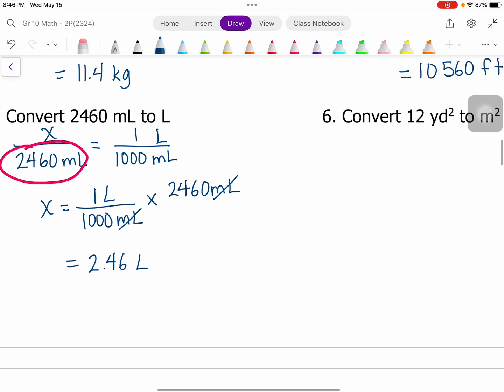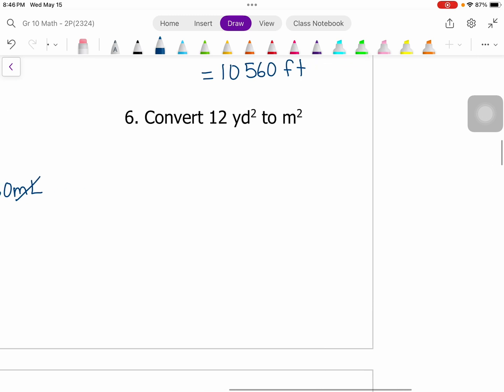And we'll do one more example here. Another area measurement. We are converting from 12 yards squared to meters squared. So how many meters squared are in yards squared? Our conversion chart tells us that 1 yard squared is 0.84 meters squared.